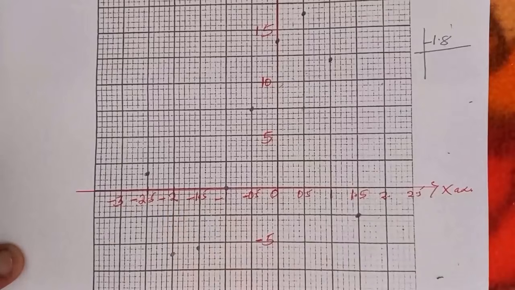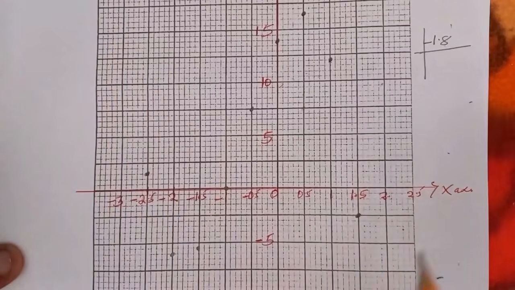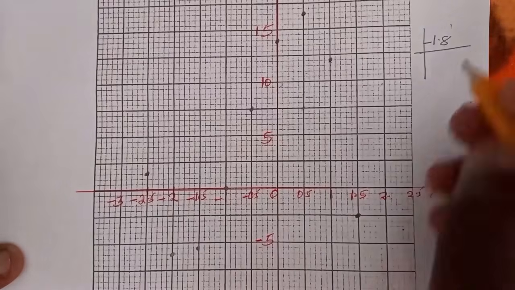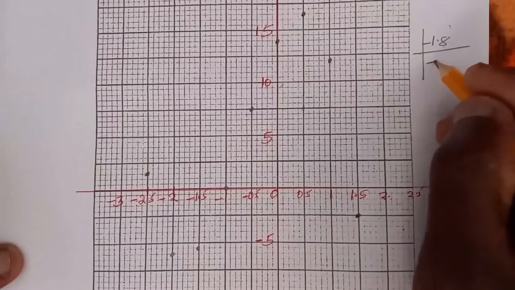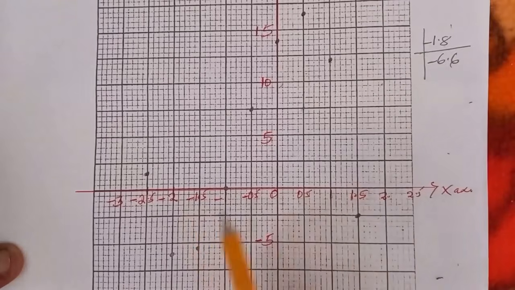So for negative 1.8, just use the function y equals 14 plus 10x minus 8x squared minus 4x cubed. And you notice that will give negative 6.6. So negative 1.8 is here.